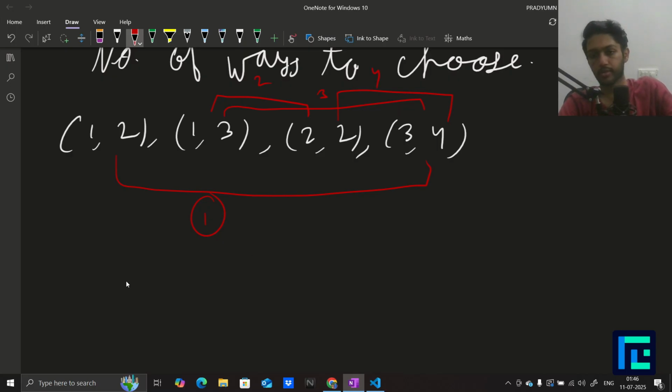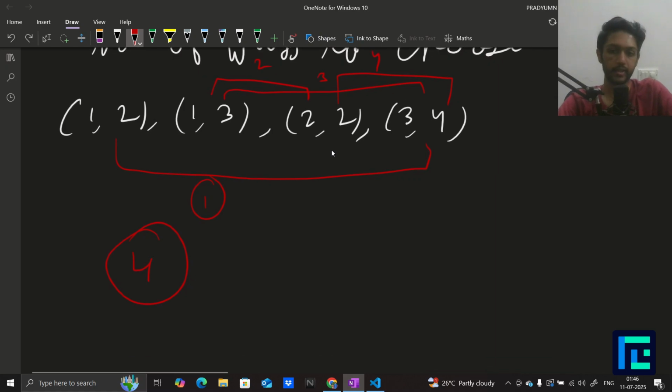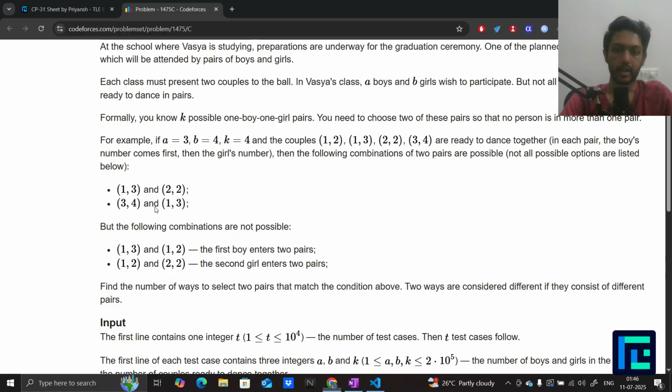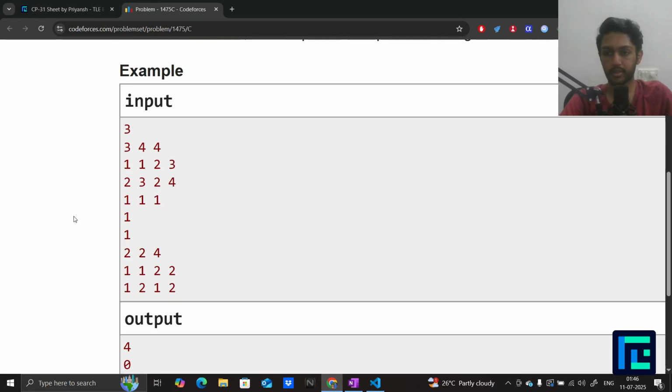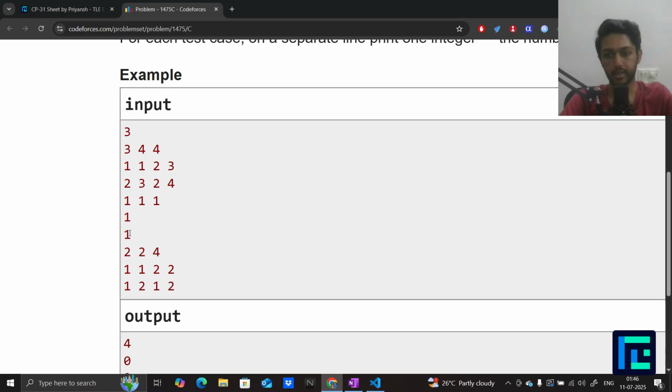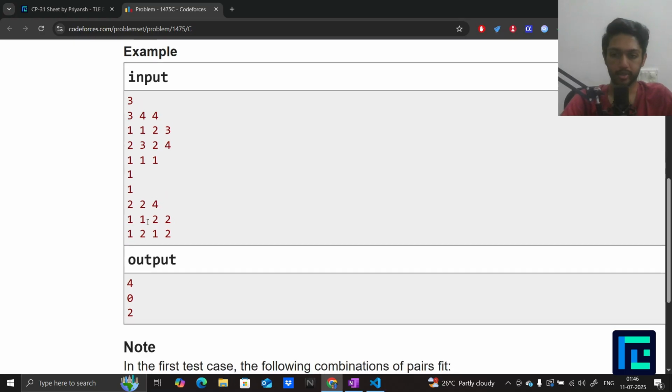So the answer for this test case is 4, because the number of ways to choose two pairs out of these pairs is 4. That's why the answer is 4. Similarly you can figure out the other test cases as well. For example, in this one k is just 1, so there's only one couple willing to dance together, and so you can't send two couples from the class. And this one you can also figure out by yourself.